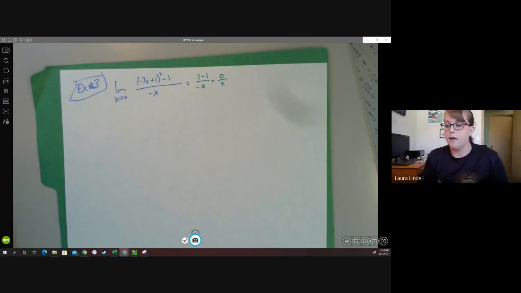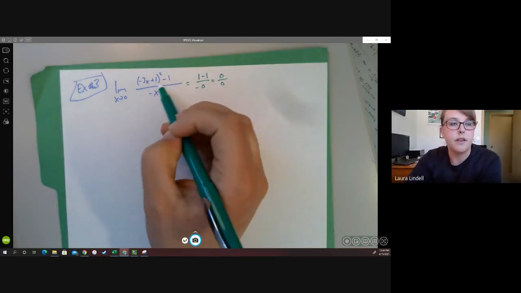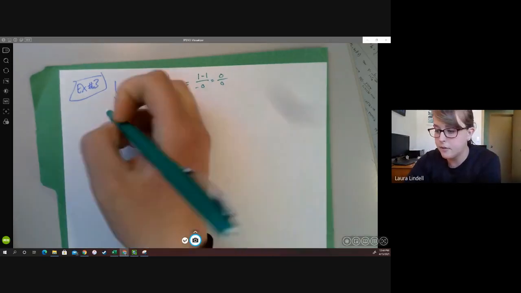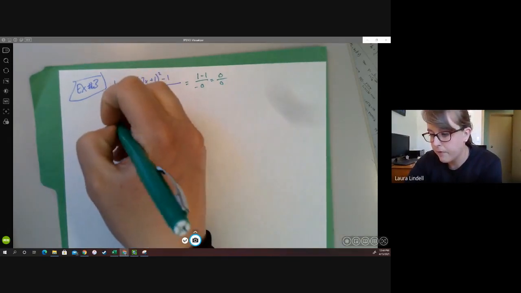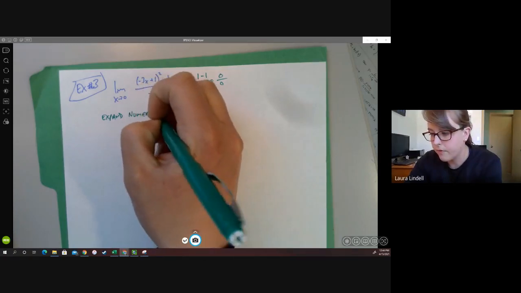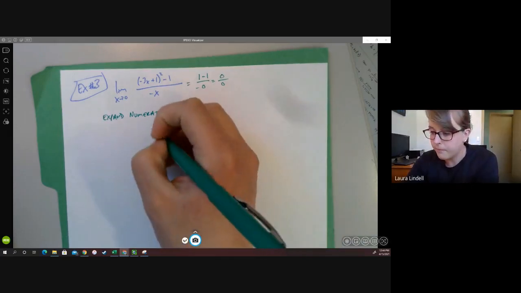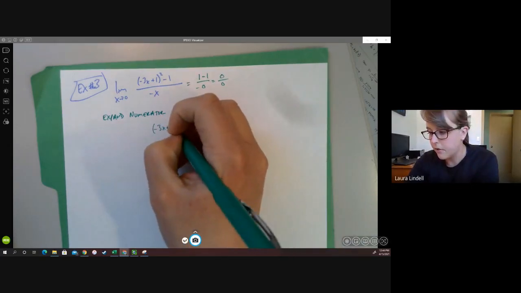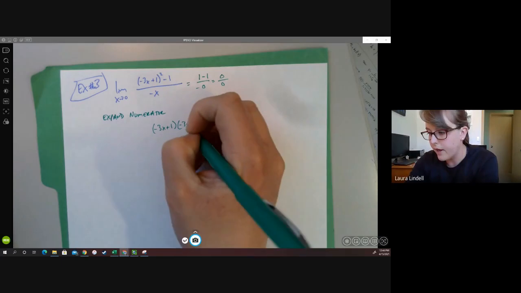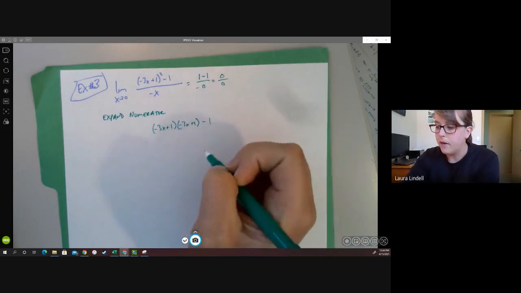Instead, this looks like something where maybe I could expand what's going on the top. So let's try that. We're going to expand the numerator. So to expand the numerator, I am multiplying negative 3x plus 1 times negative 3x plus 1. And we still have that minus 1.